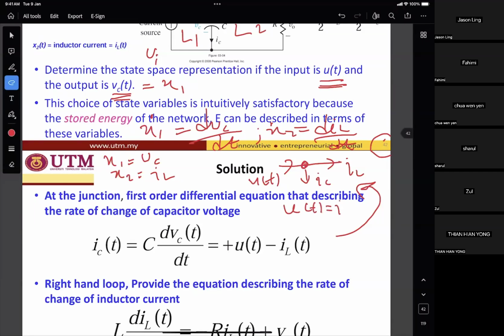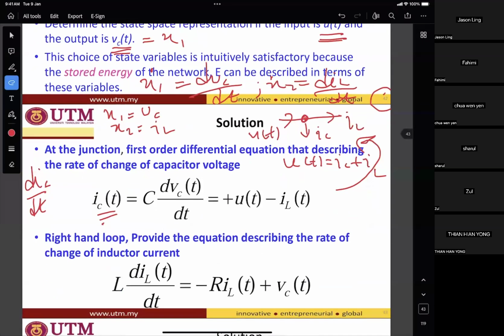Now we want to find IC, because our target is to find dIL over dt. So IC is equal to C dVC/dt, equal to u minus IL.